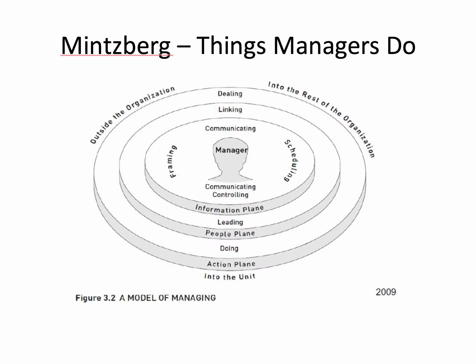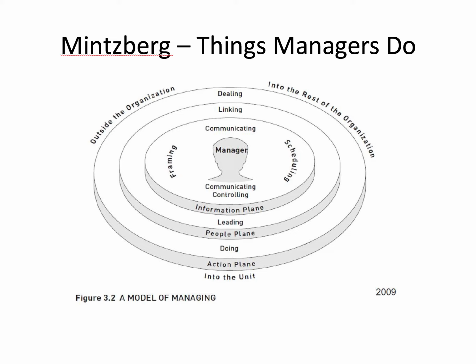There is a scholar, Henry Mintzberg, who has come up with this organization of what managers actually do. You can see by these circles of increasing size that managers do a fair number of things with the different constituents.